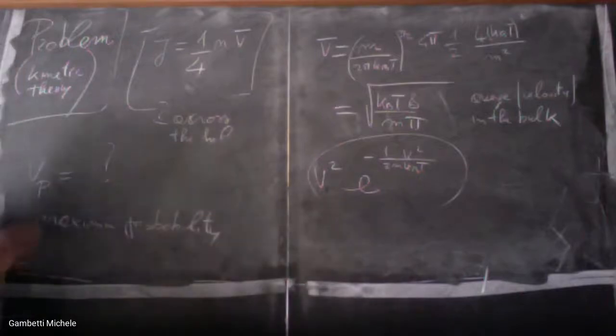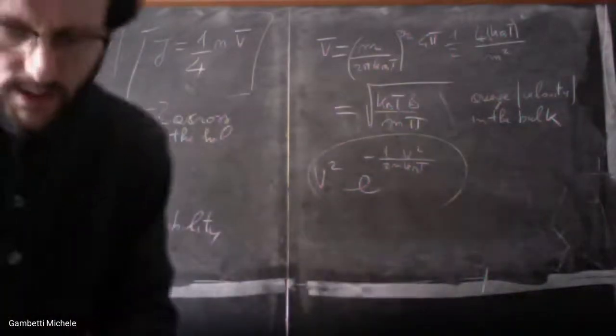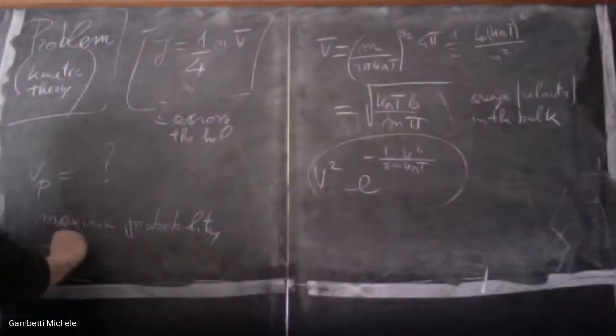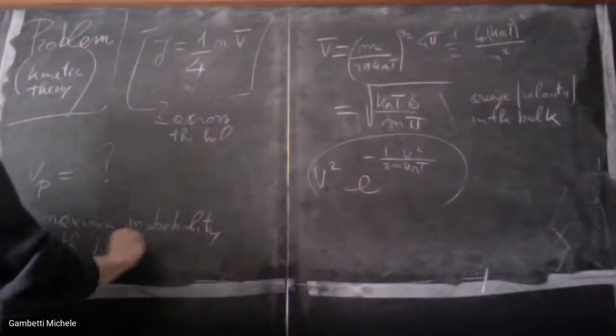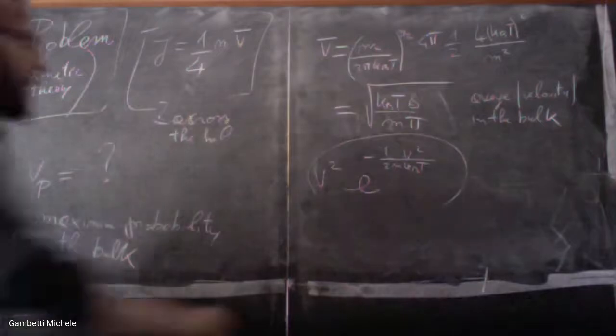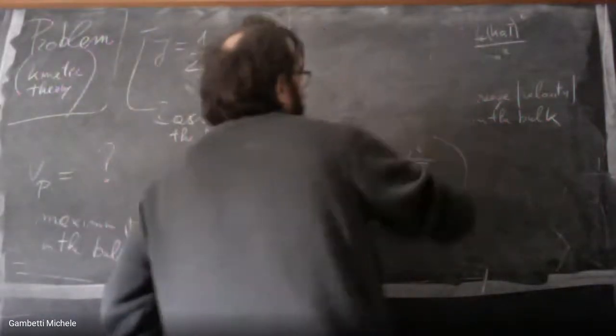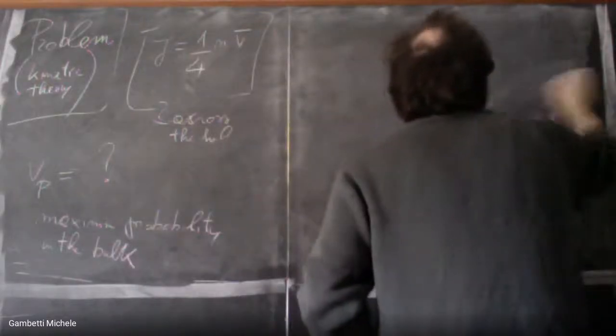Okay, you can try to compute this, for instance, in the bulk. But we will sketch it next time. I mean, it's just computing integrals, basically, so it's not very complicated.